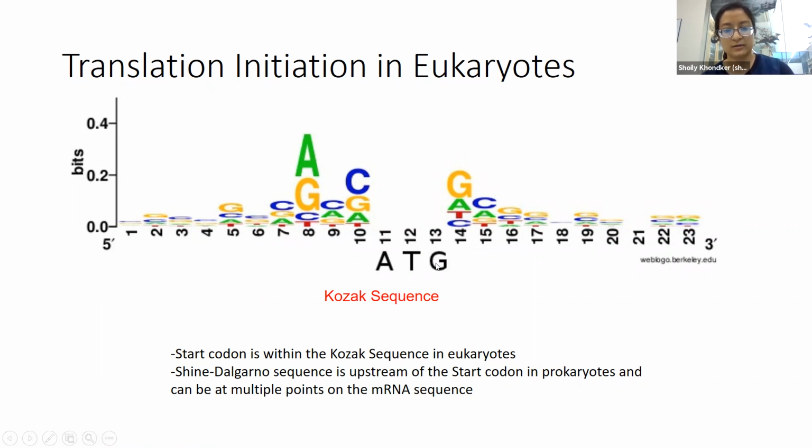This sequence includes the ATG or AUG, which is the start codon. In eukaryotes, the start codon is within the recognition sequence for initiation, whereas in prokaryotes, the Shine-Dalgarno sequence is usually upstream of the start codon, and it can be at multiple points in the mRNA sequence.